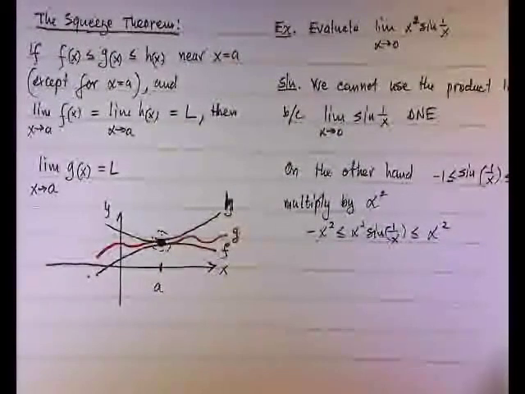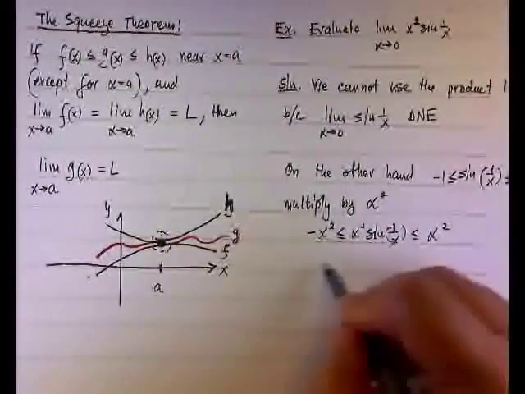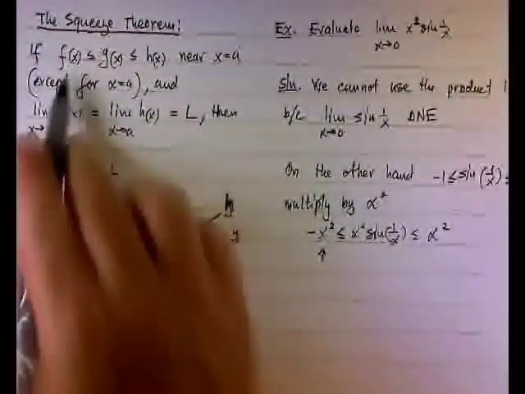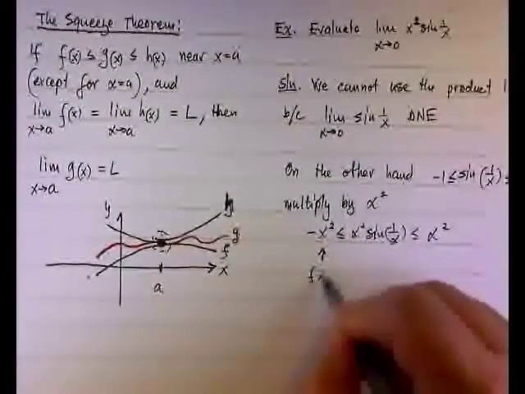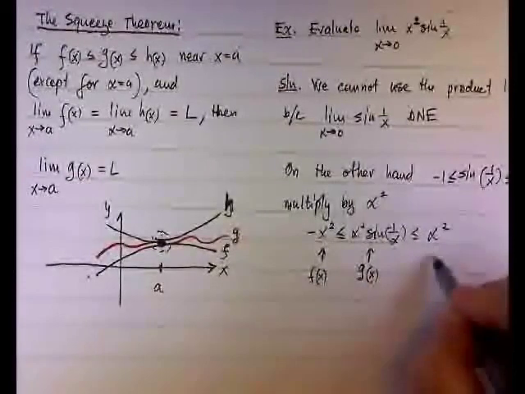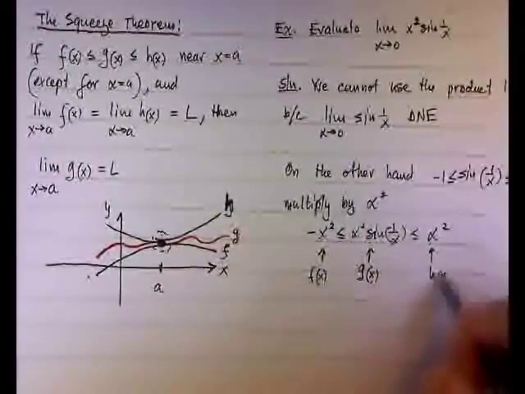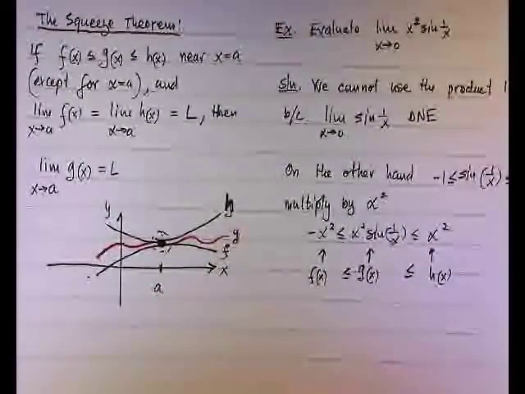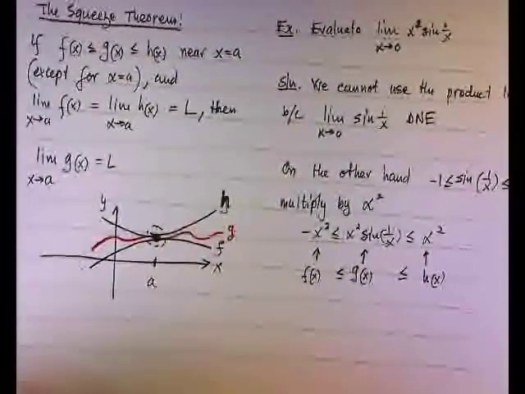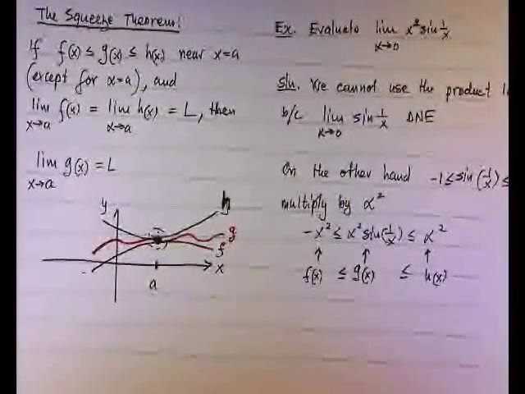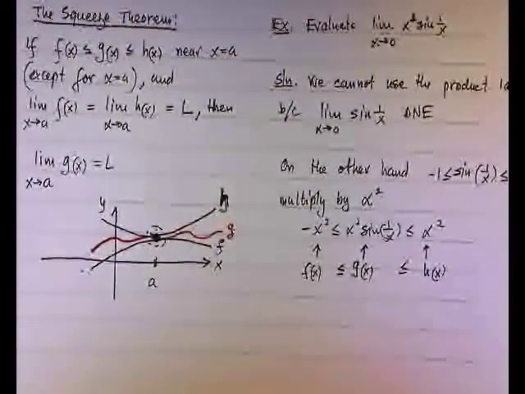Okay? So now if I'm looking at the squeeze theorem right there, this will be my f of x, this will be my g of x, and this will be my h of x. And I'm looking at something like this. Okay? So I have this condition for the squeeze theorem. And what else do I know?